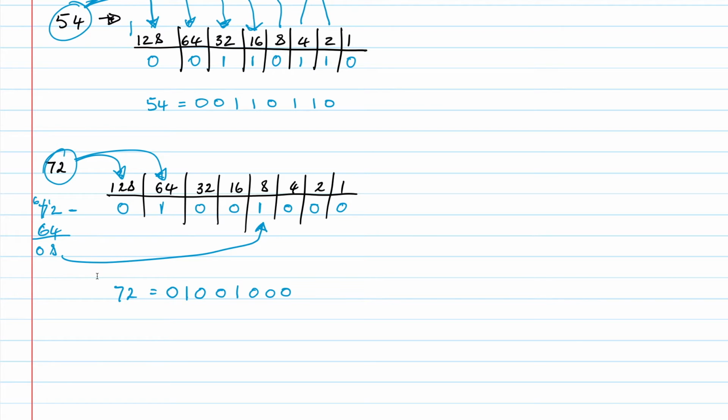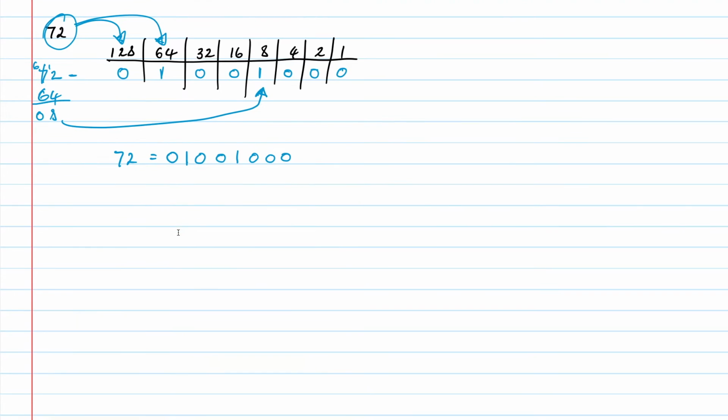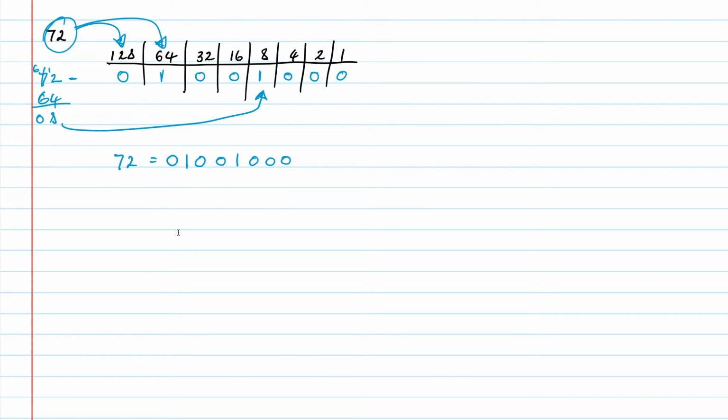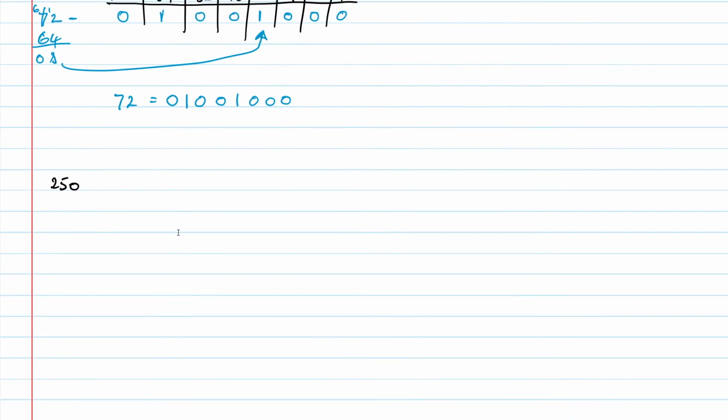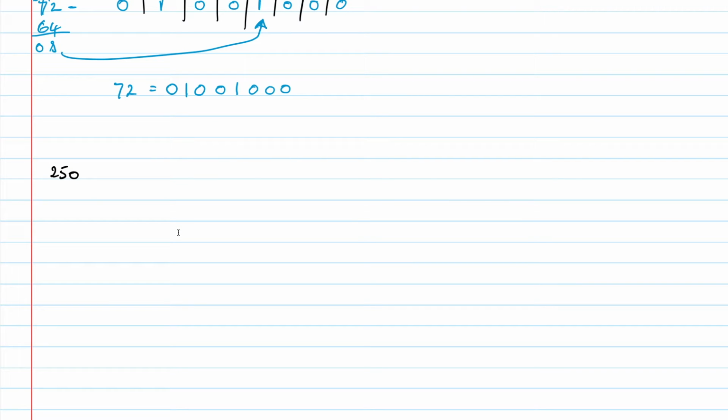I'm going to do one more with you. Let's say we've got a large number. We're going to go for 250. We start off and do the process exactly the same again: 128, 64, 32, 16, 8, 4, 2 and 1.